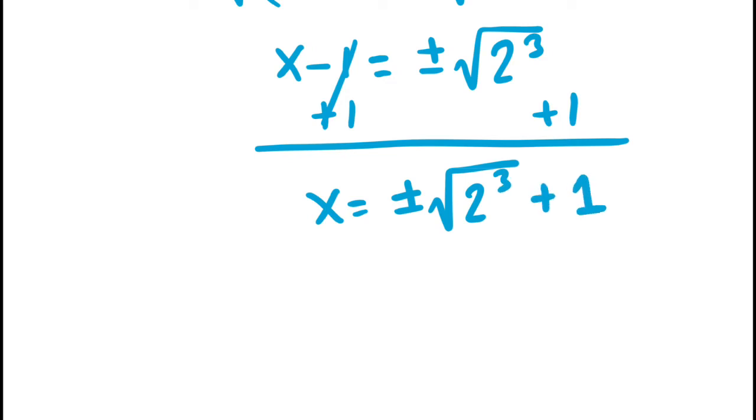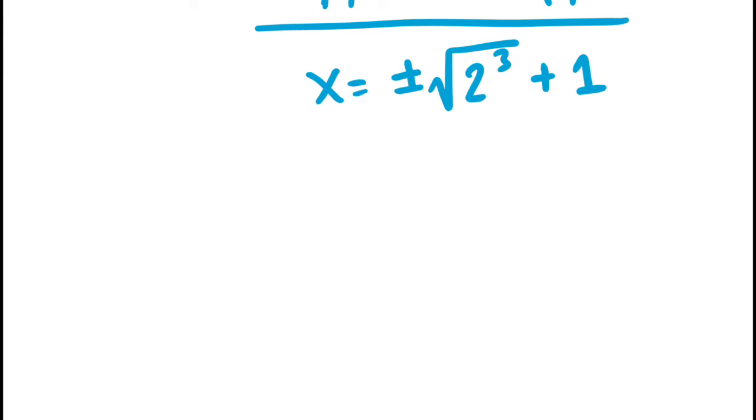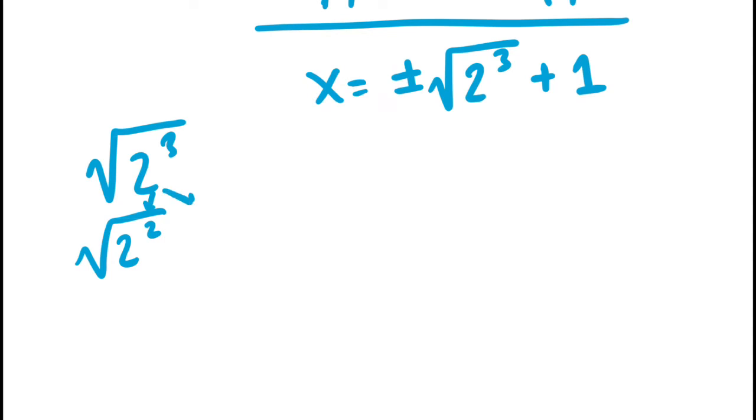The reason why I don't do anything to the 2 to the third is because I'm going to simplify it. I'm going to break down the square root of 2 to the third as the square root of 2 squared and the square root of 2 to the first power. And then these cancel.